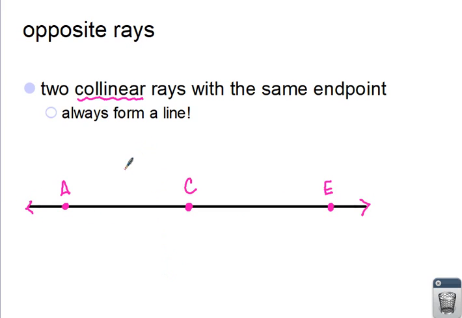Then ray CA and ray CE are collinear rays, so they are opposite rays. And 2 opposite rays always form a line because they're collinear, so they just basically make the 2 pieces of the line.